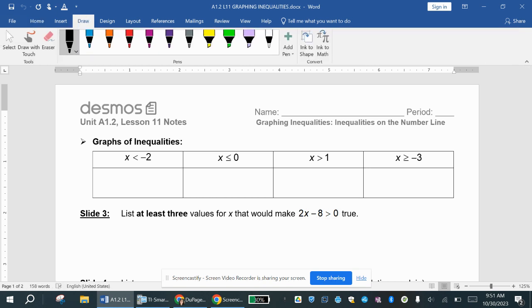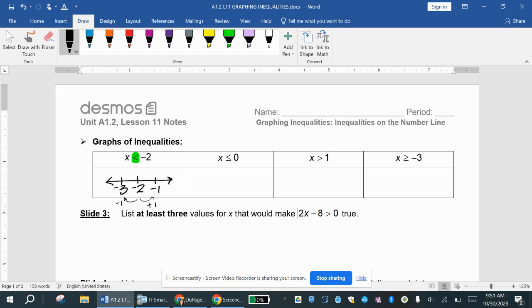Okay, so let's talk about this first one where it says x is less than -2. When you create a graph for this, this is pretty much saying that they want any number that is smaller than -2. So on a number line, let's say -2 is here. The next biggest number, if you add 1, would give you -1. If you subtract 1, would give you -3.